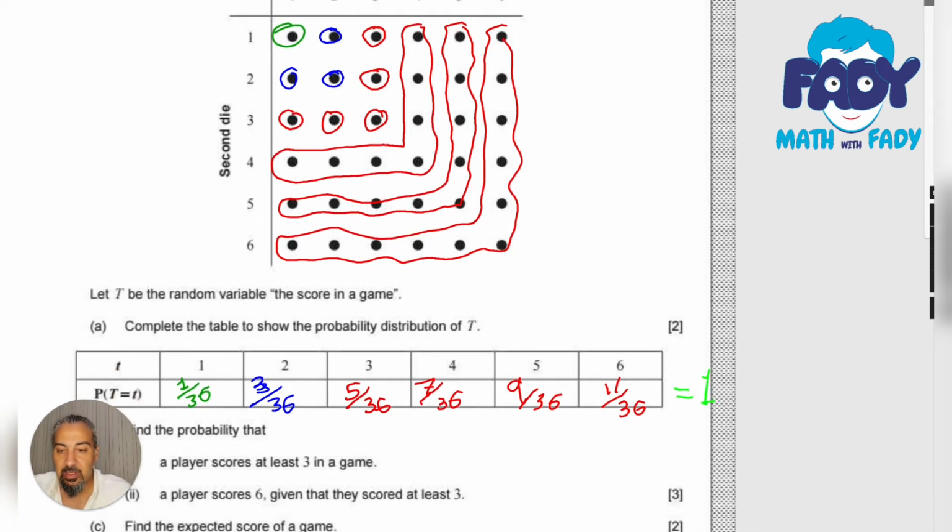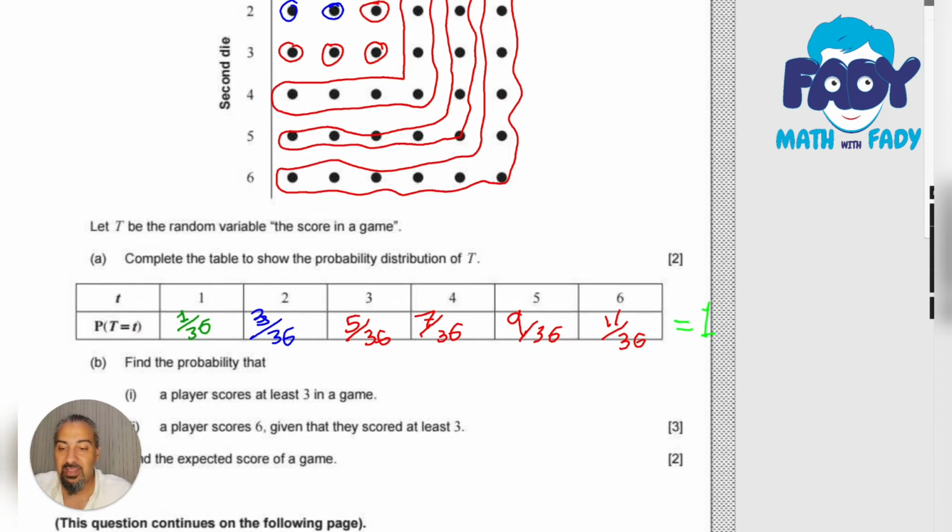Part B, find the probability that a player scores at least 3 in a game. At least 3 means he is getting a score of 3, and also a score of 4, 5, or 6.